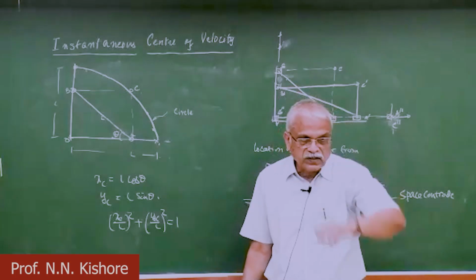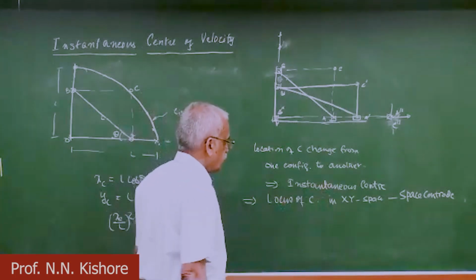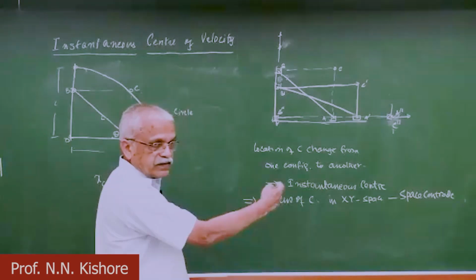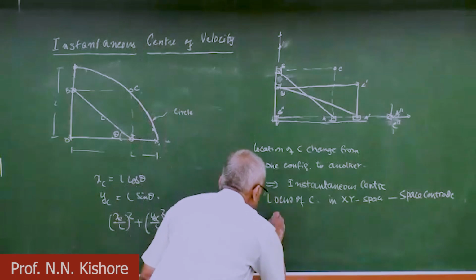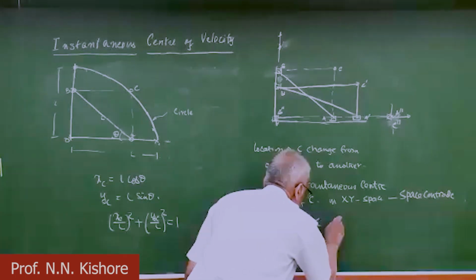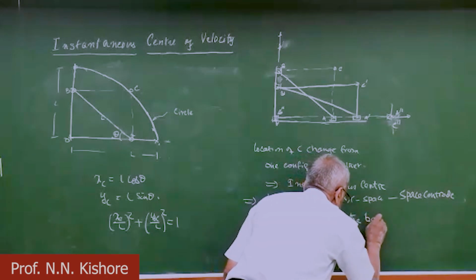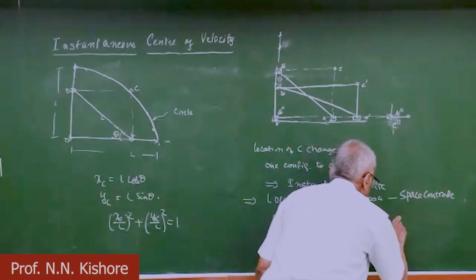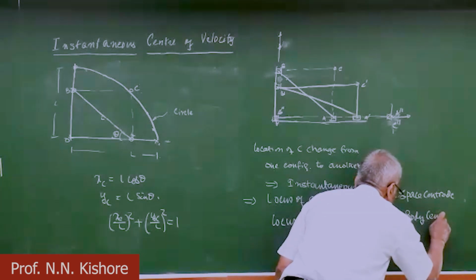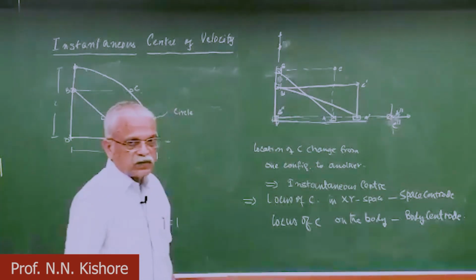Another term which is related to this one is the space centroid, the locus of C in xy space. There is another locus, the locus of C on the body, which is called the body centroid.